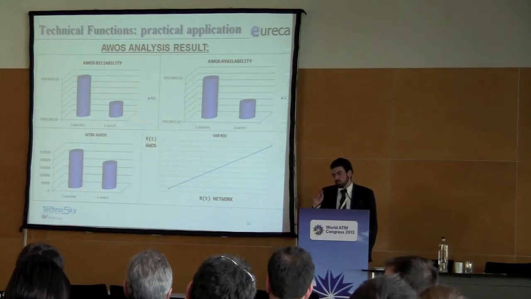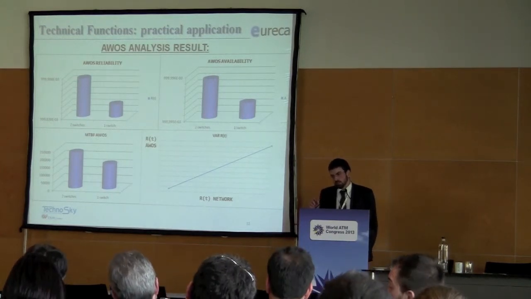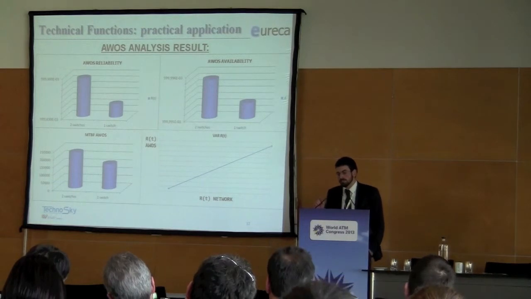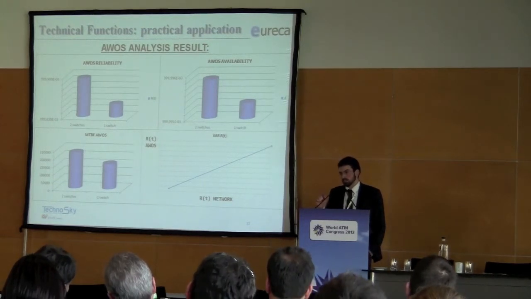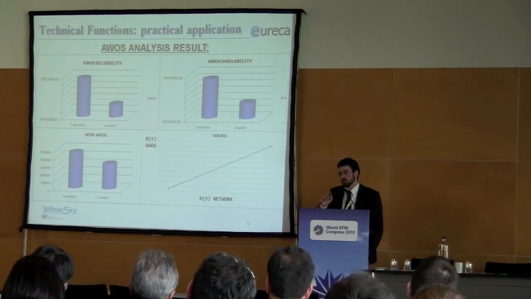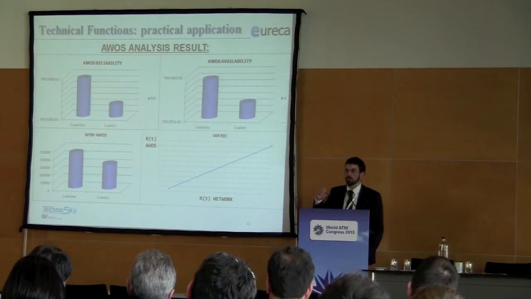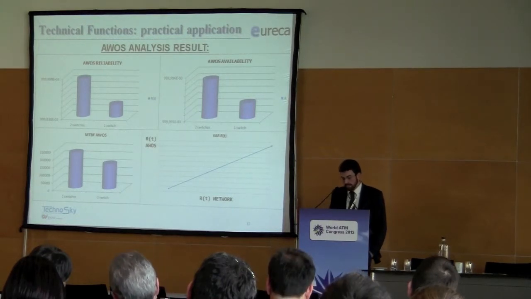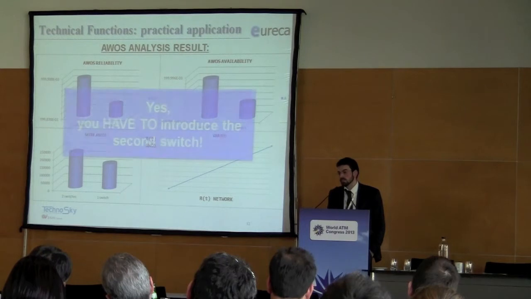But the most important result is the last one, because as you can see, there is a linear dependence between the reliability of the network only and the reliability of the whole system. So, numbers say this.